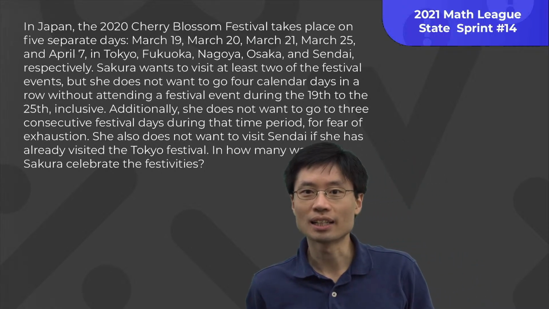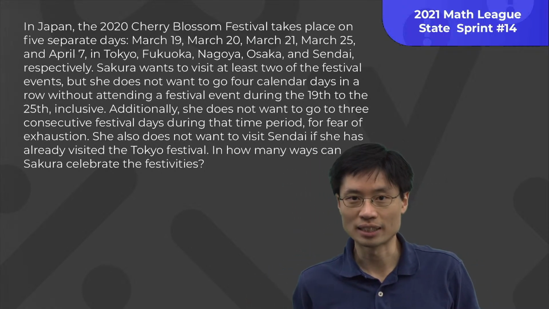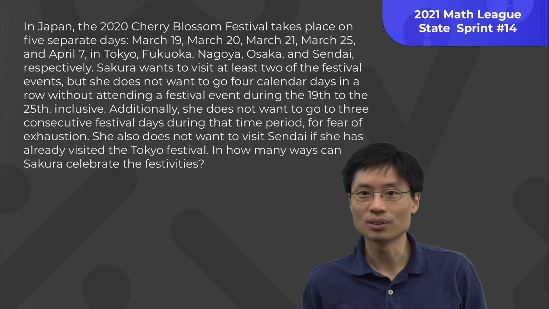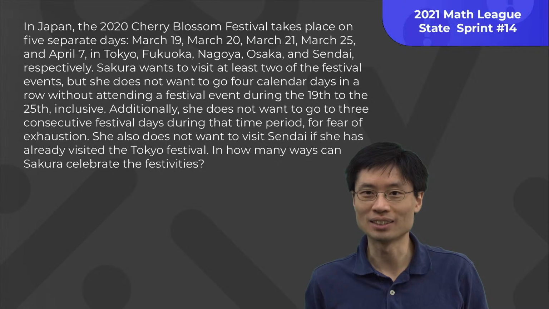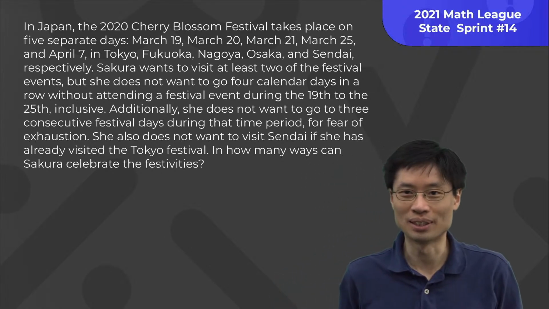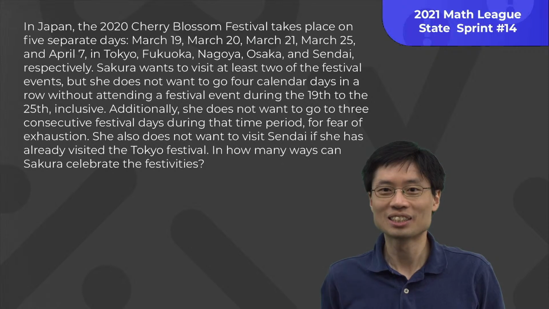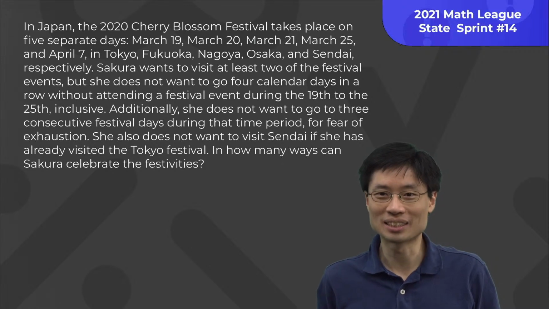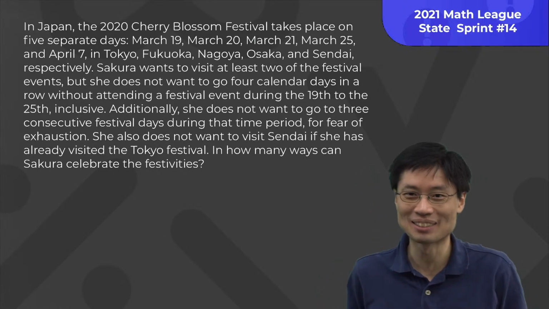Sakura wants to visit at least 2 of the festival events, but she does not want to go 4 calendar days in a row without attending a festival event during the 19th to the 25th inclusive. Additionally, she does not want to go to 3 consecutive festival days during that time period for fear of exhaustion. She also does not want to visit Sendai if she has already visited the Tokyo festival. In how many ways can Sakura celebrate the festivities?